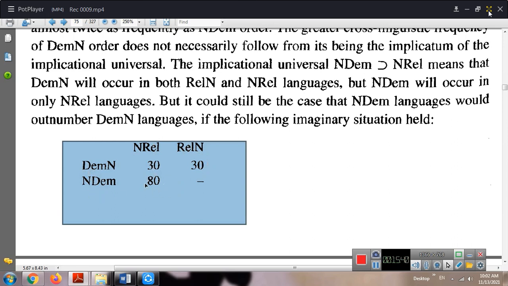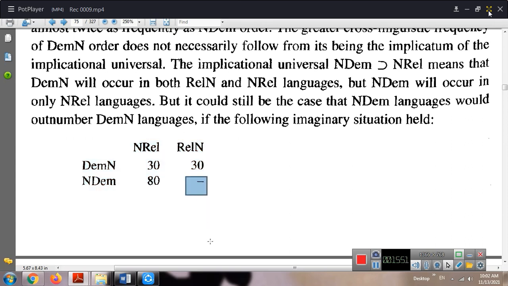But we have 80 languages which are noun demonstrative and noun relative. But we don't have any language which is noun demonstrative and relative noun. This does not exist, or it is rare.